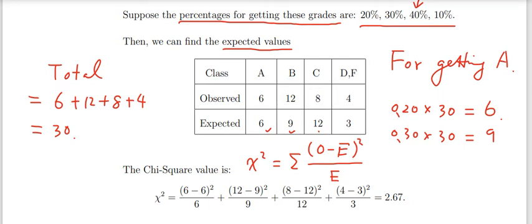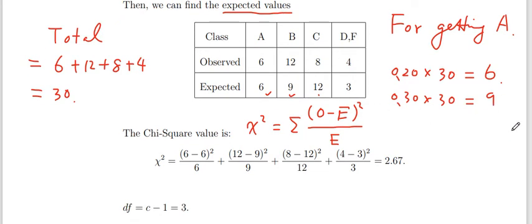So we find the chi-square value: 6 minus 6 squared over 6, then observed 12 minus 9 squared over 9, then 8 minus 12 squared over 12, then 4 minus 3 squared over 3. We find this number is 2.67.